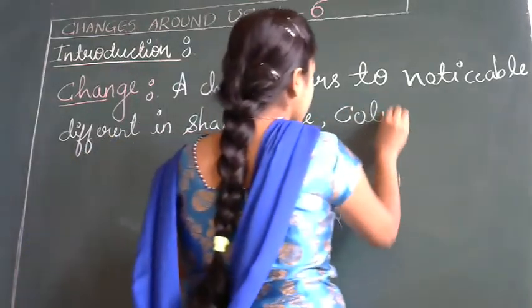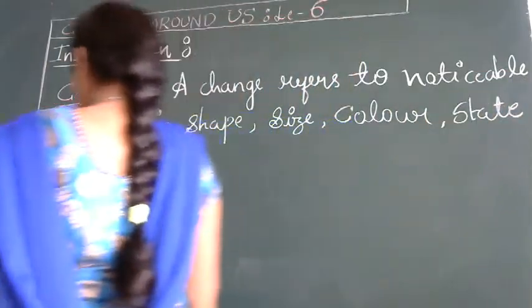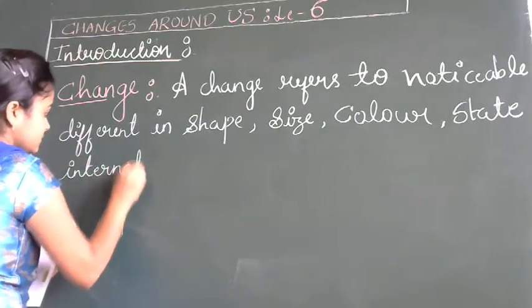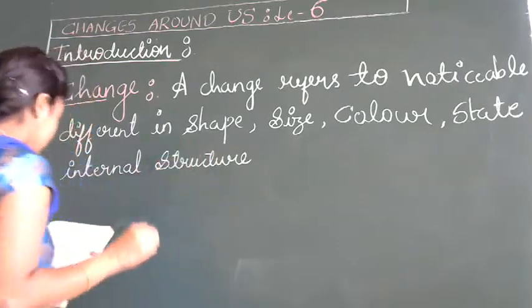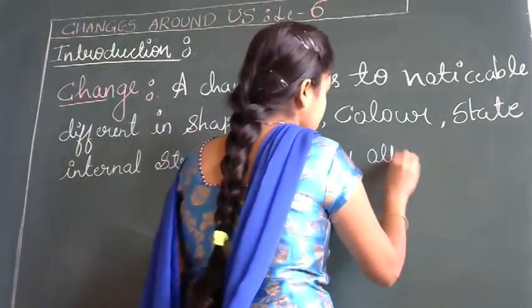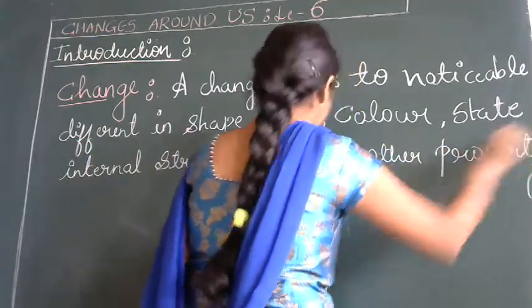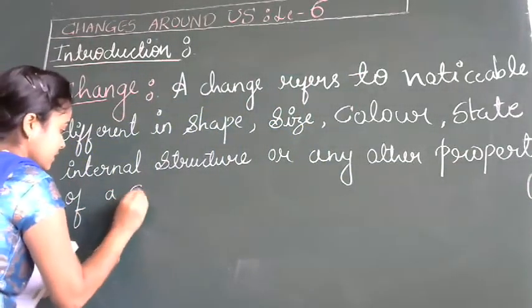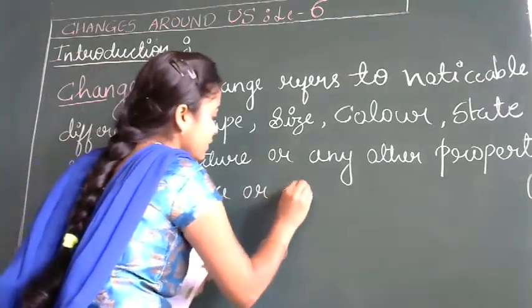Next, color, state, which I'll explain, next, internal structure or any other property of a substance or any object.